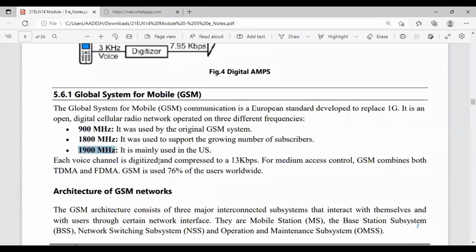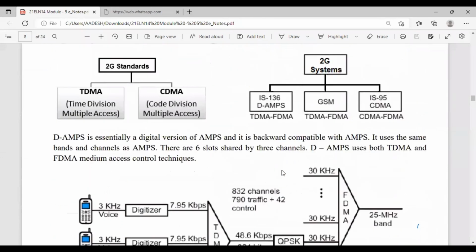This is a completely digitized, digital communication, and it used both techniques, TDMA and FDMA. Both techniques were used. As we know, GSM is the most popular system among these three systems, DAMS, GSM, and IS-95 CDMA.